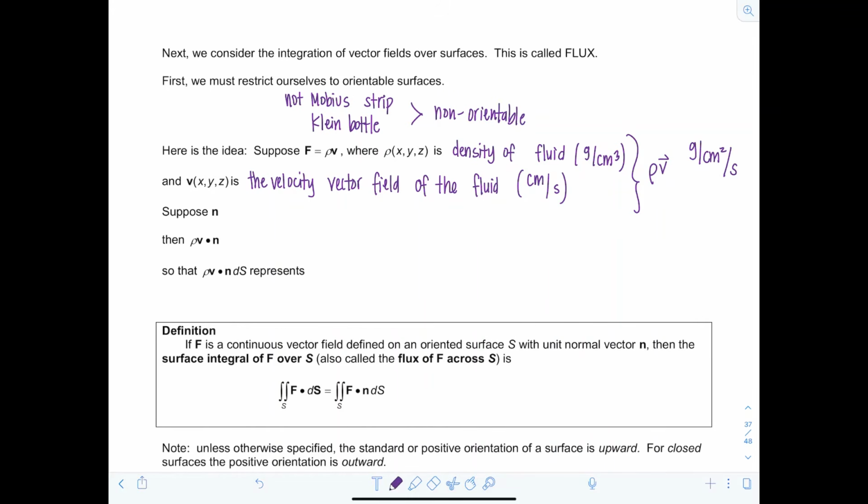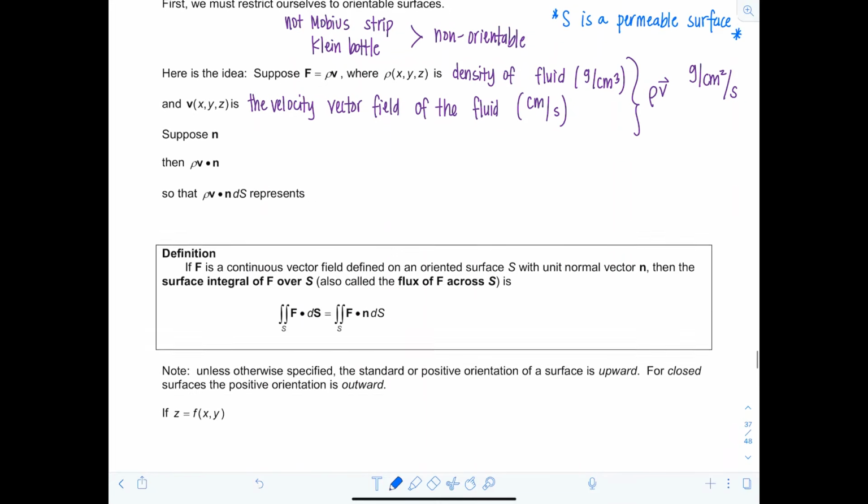Now what we want to do is look at how fluid is flowing. So one more thing about this surface S: S has to be a permeable surface, meaning our fluid needs to be able to flow through it or penetrate.